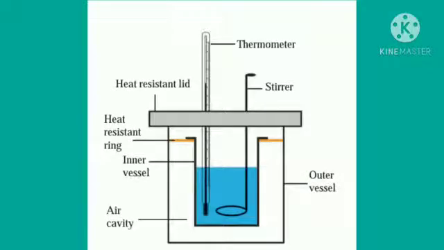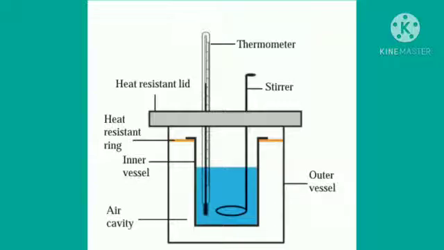Water at a fixed temperature is placed inside the calorimeter. This means that the temperature of the inner vessel and that of the water in it are the same. When a hot object is placed in water, heat is exchanged between the hot object, water and the calorimeter, and all three reach the same temperature.